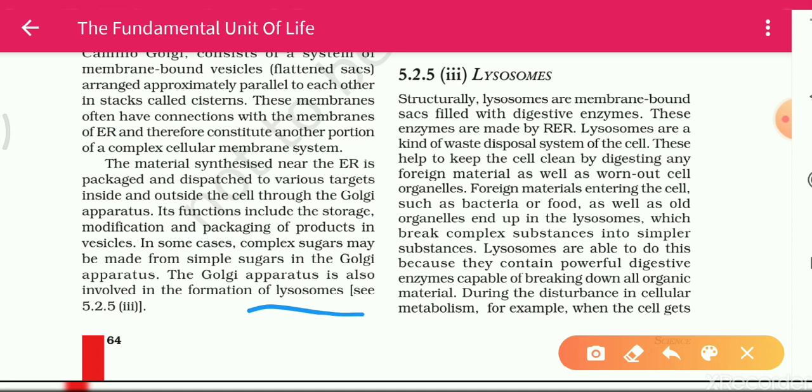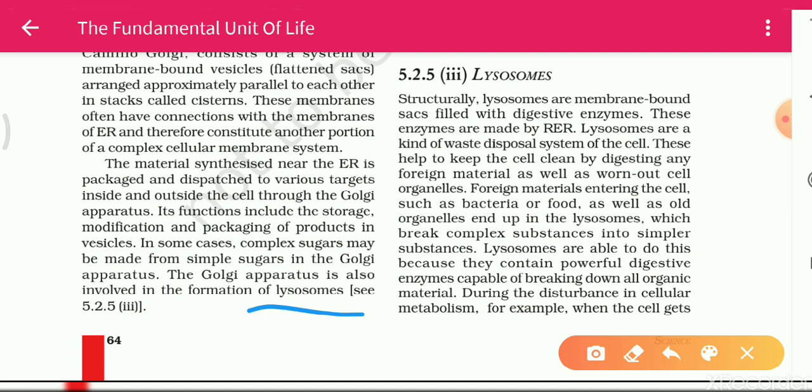Its function is that it packages the material synthesized in the cells and dispatches it either to intracellular targets such as the plasma membrane and lysosomes, and it also helps in the formation of lysosomes. Then students, the lysosome is one kind of organelle.